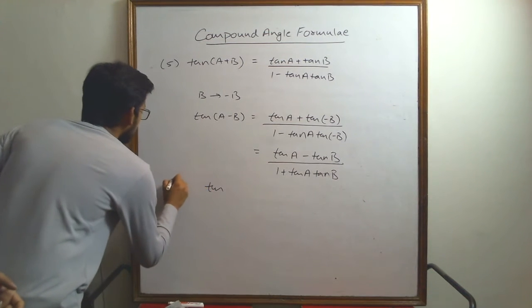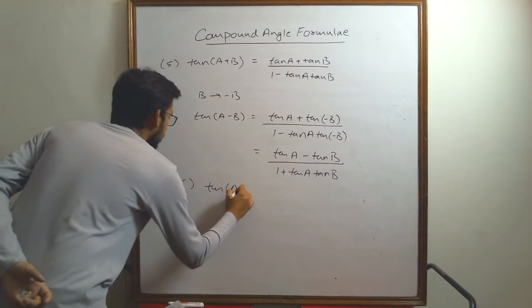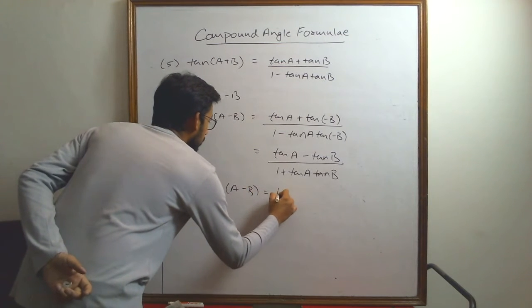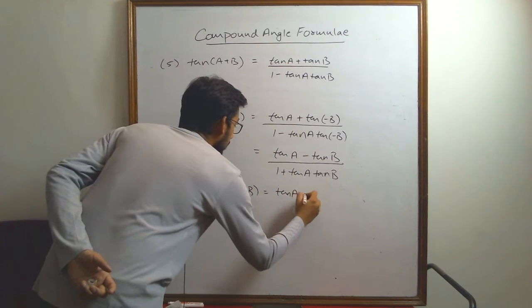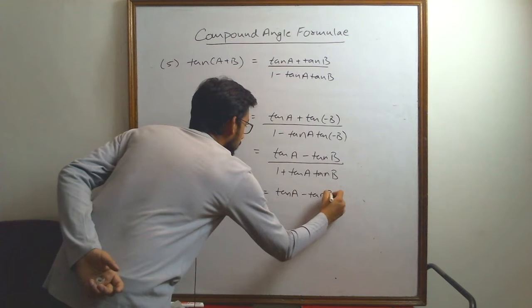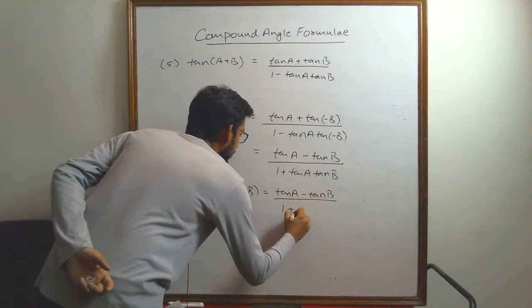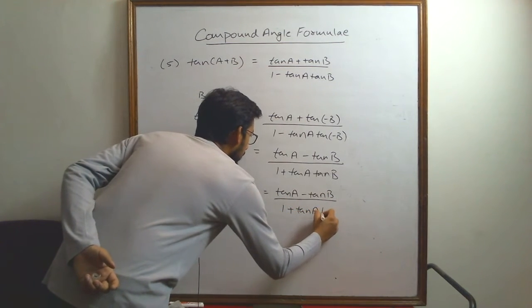Let's write it again. Number 6, tan A minus B is equal to tan A minus tan B upon 1 plus tan A into tan B.